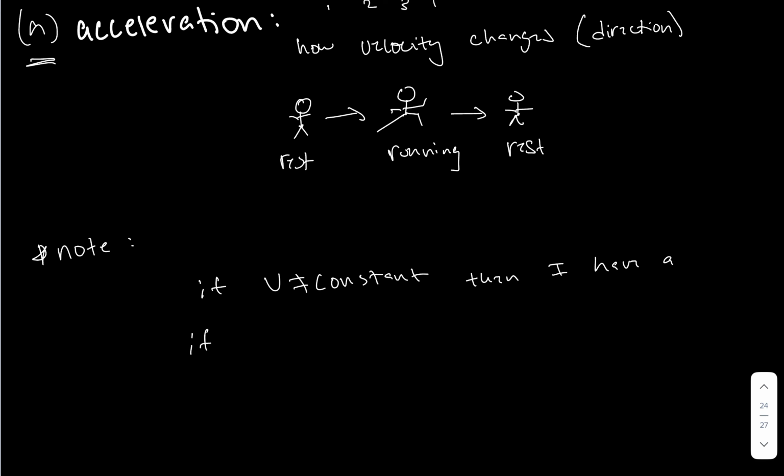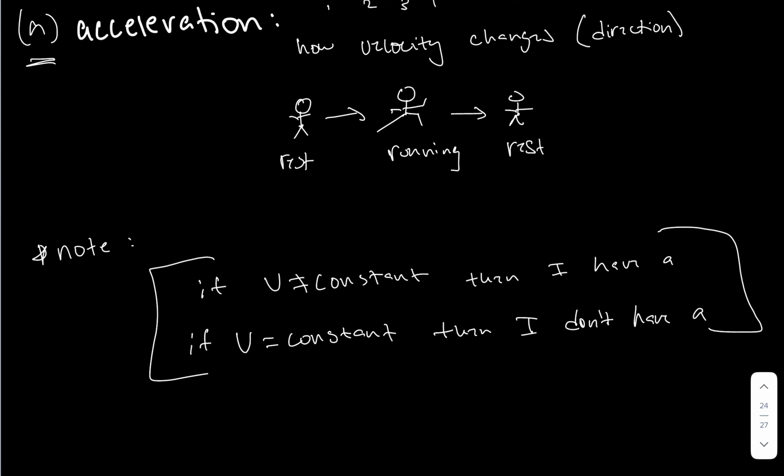But if my velocity is a constant, then I don't have acceleration. So if I'm running at a constant rate, I am not speeding up or slowing down. If I am speeding up or slowing down, if my velocity is changing, then acceleration is present. So this is a quick way to know, do I have acceleration?